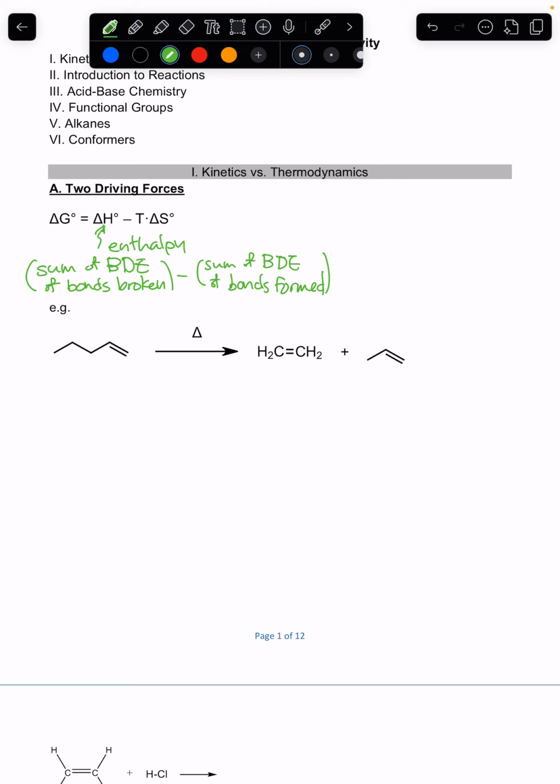Is that worth the reaction? The energy benefit is the best way to think about it.